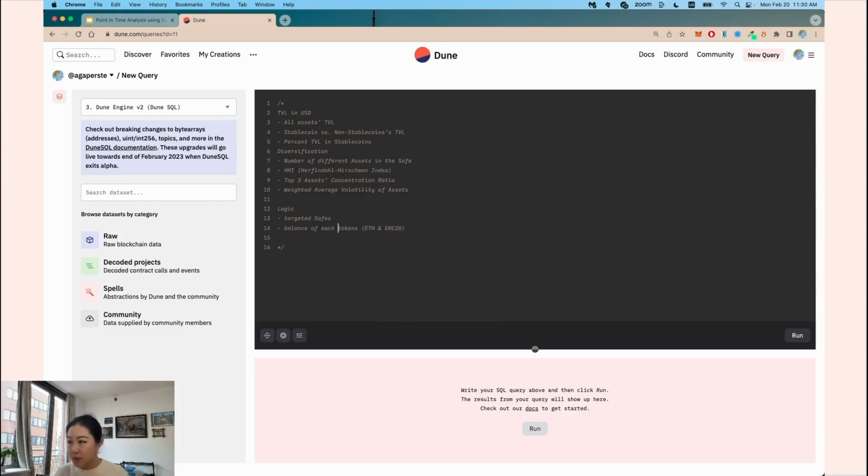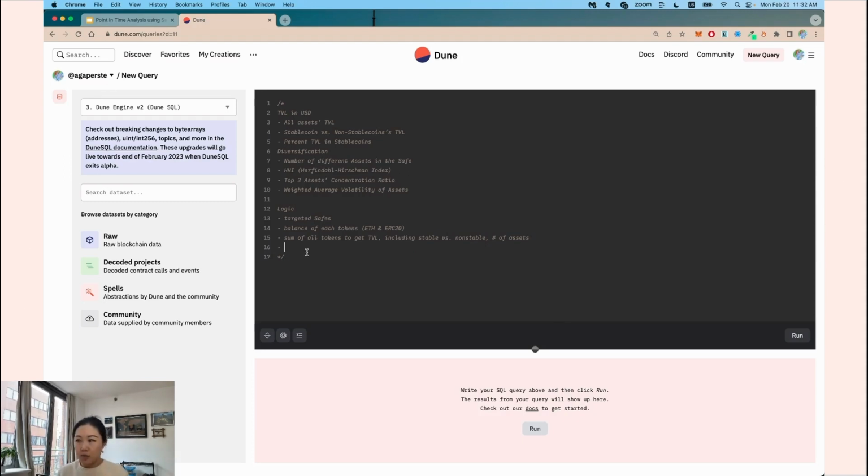Here we're doing balance of each token. The next step is to sum up all tokens to get TVL, stable versus non-stable. Here we are also going to get the number of assets in the portfolio or the safe.